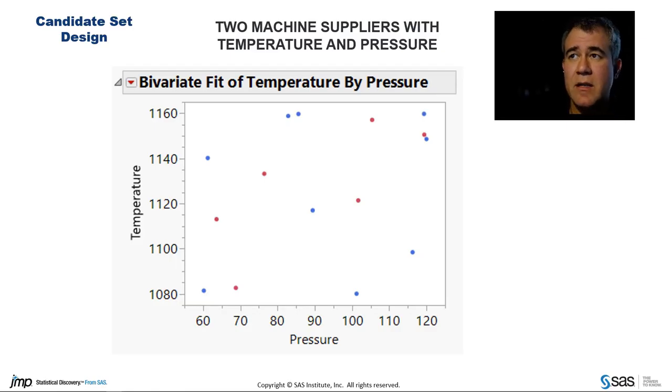We can bring up the new design and just fit Y by X, and we can see a scatter plot where we see that the machine A design points are in red. They're in the interior of the space, and then the type B runs are in blue. It had the wider operating region, and that's how we see these points out here further out for it.